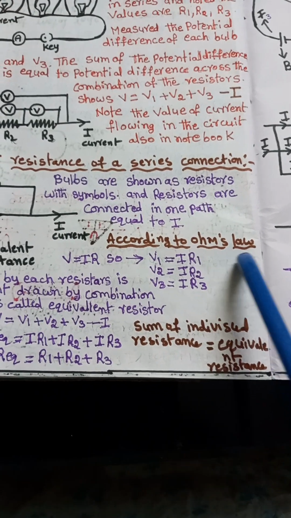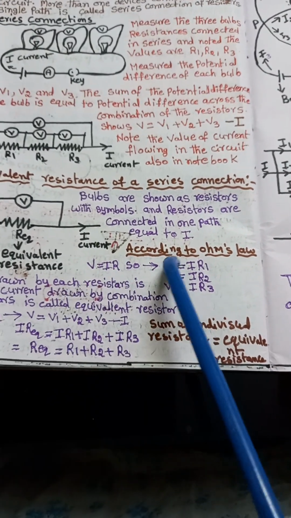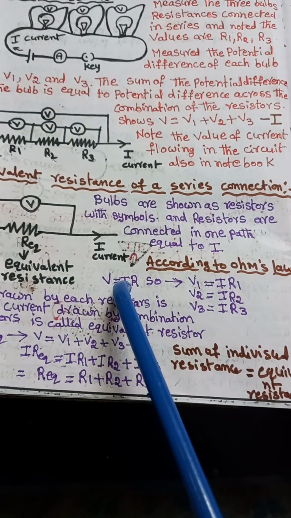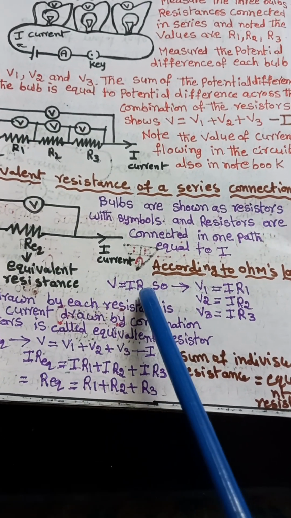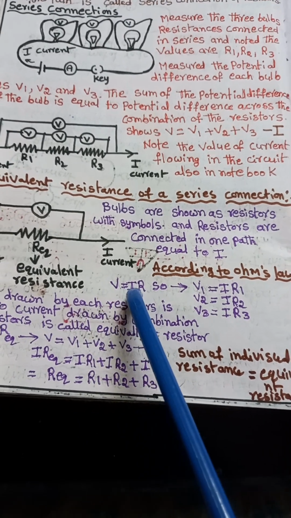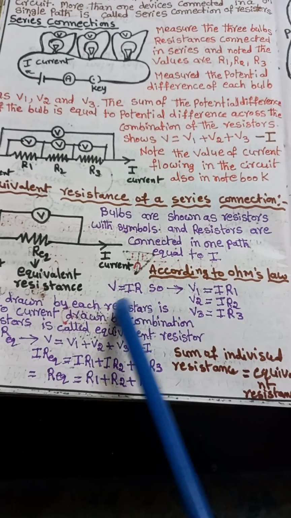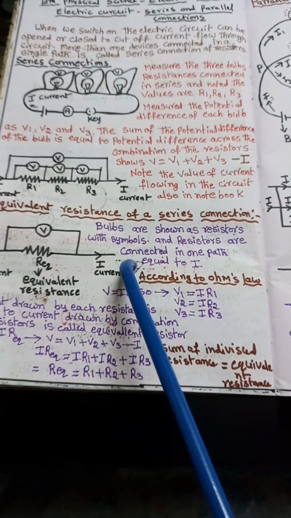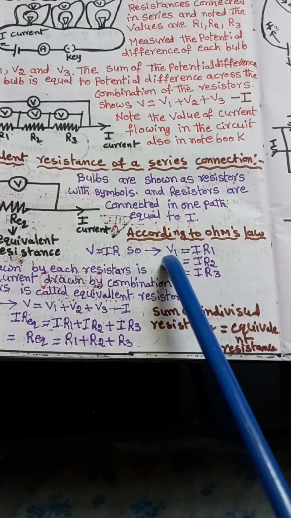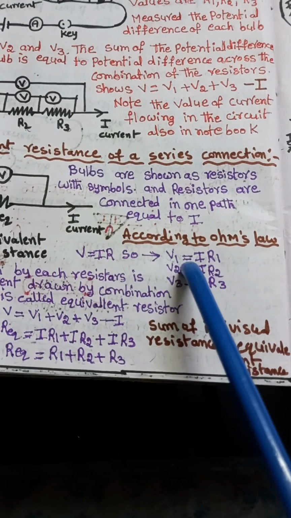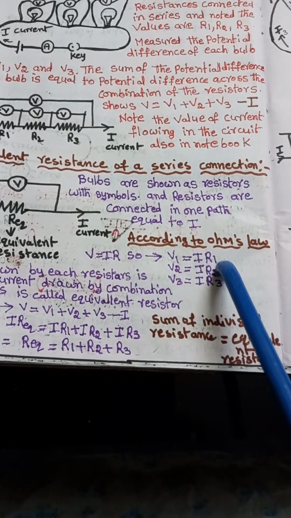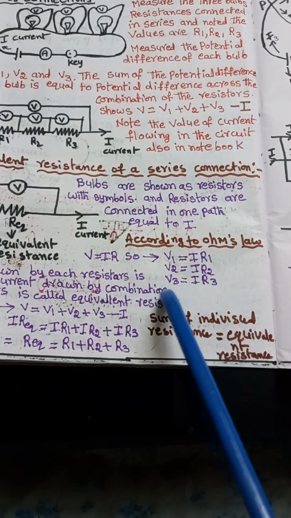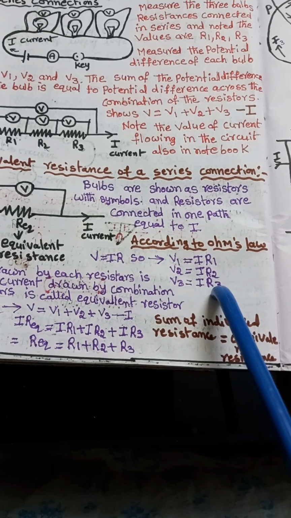According to Ohm's law, which we already learned, V is equal to IR. Here we take V1 is equal to IR1, V2 is equal to IR2, V3 is equal to IR3.